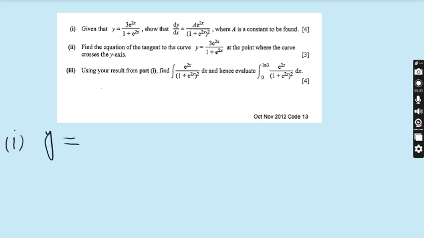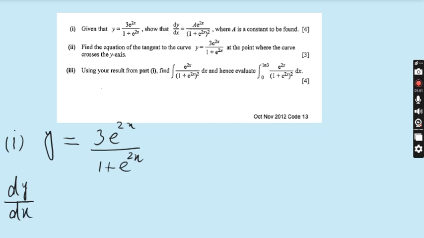y is equals to 3e^2x upon 1 plus e^2x. So students, we have to find the derivative dy by dx.